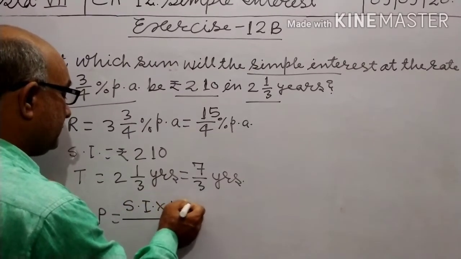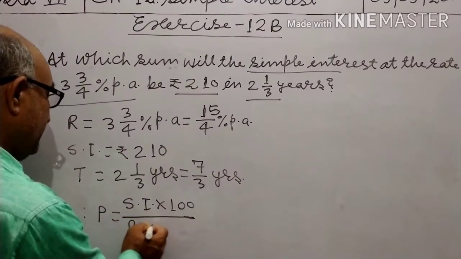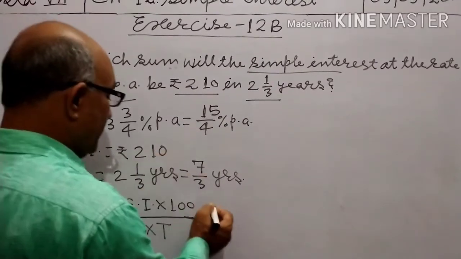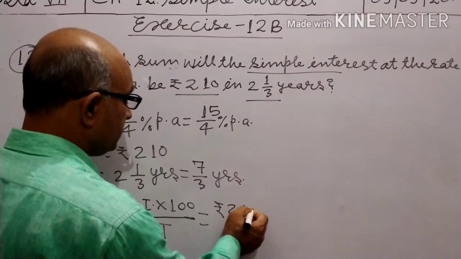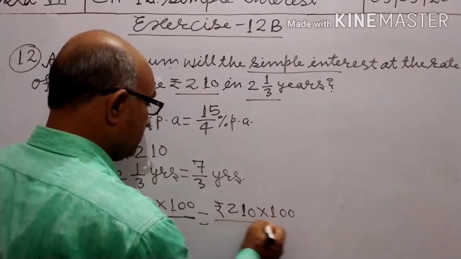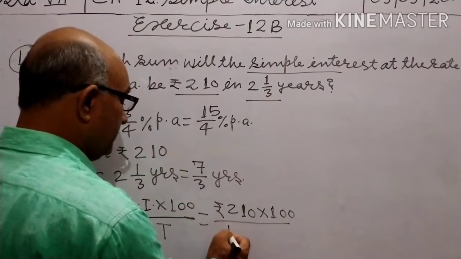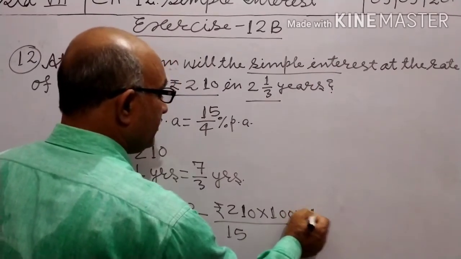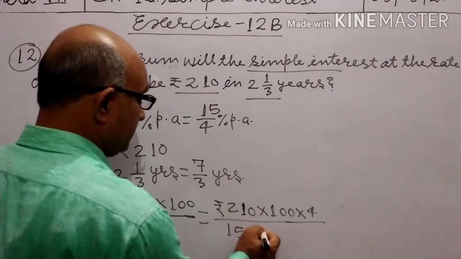SI into 100 by R into T. Equal to SI is rupees 210 into 100 by R. Rate is 15 by 4, 15 in denominator and 4 in numerator, into T. T is 7 by 3.